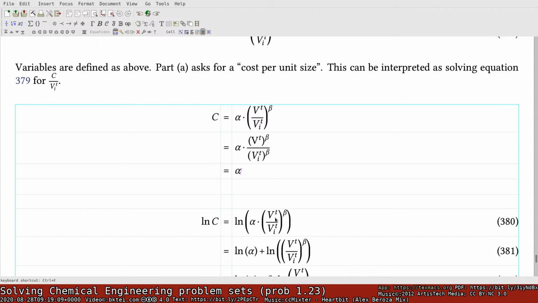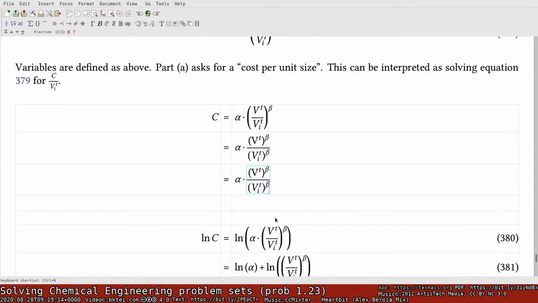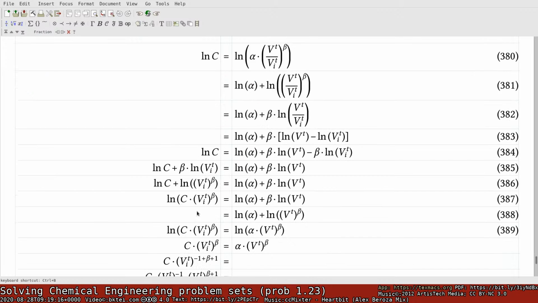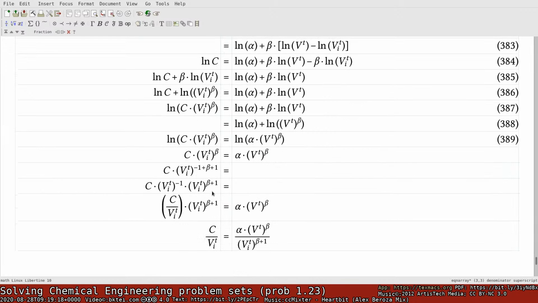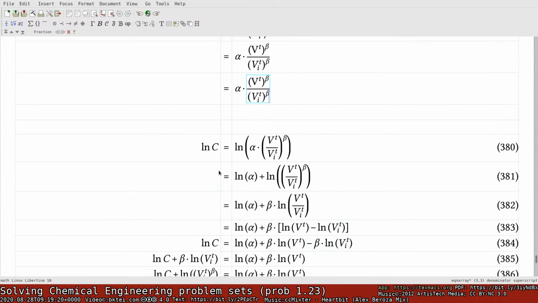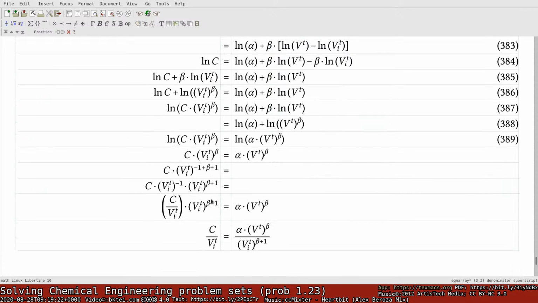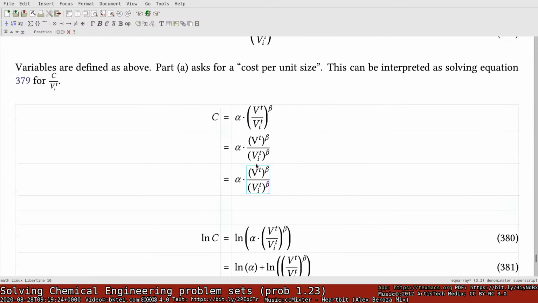Then do this other weird trick, because we're trying to get, we need a quantity. Well, let's see here.